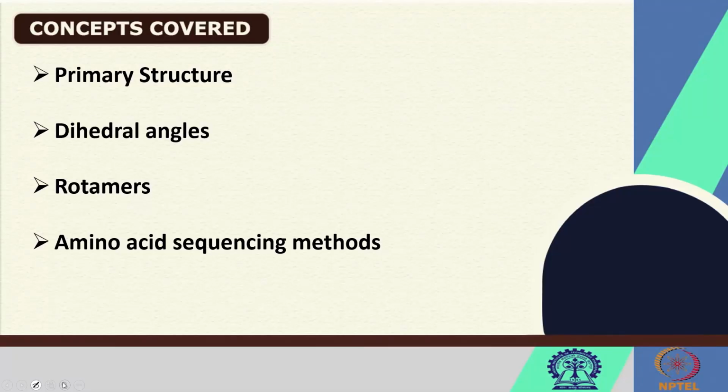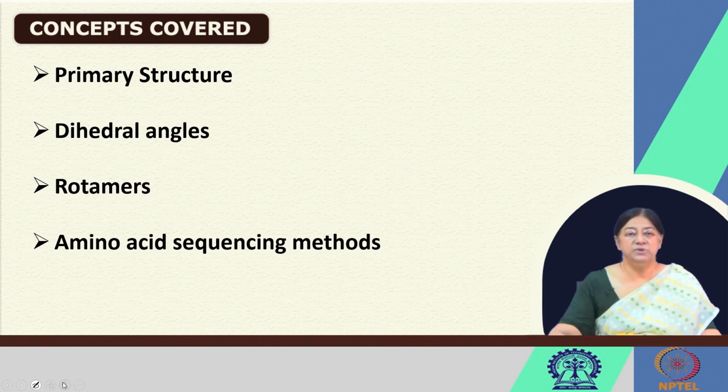When we consider the primary structure, before we go into an understanding of what the primary structure is or what the amino acid sequence is, we have to understand a bit about the geometry of the backbone, as it is called. We understood that when we have the peptides linked together, the peptide bond itself has a partial double bond character with restricted rotation.